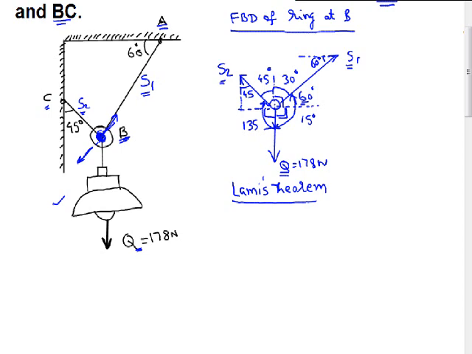So Lami's theorem as applied to this case would mean Q by sine 75. We have 75 because it's 45 plus 30.